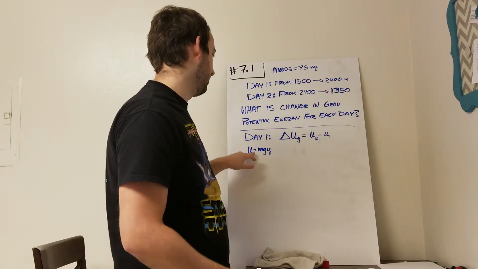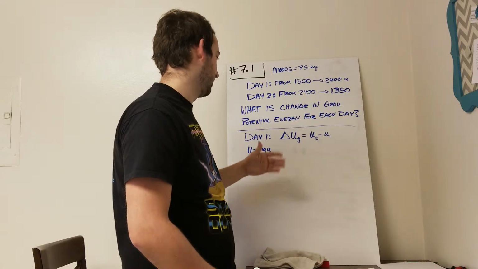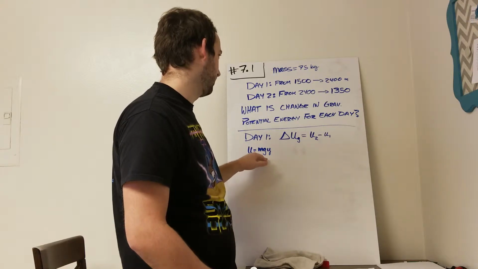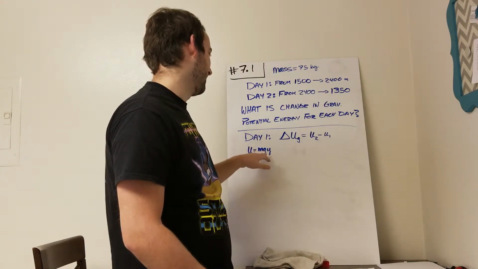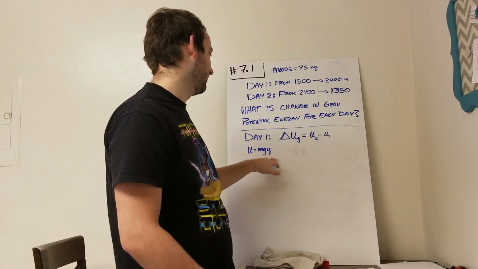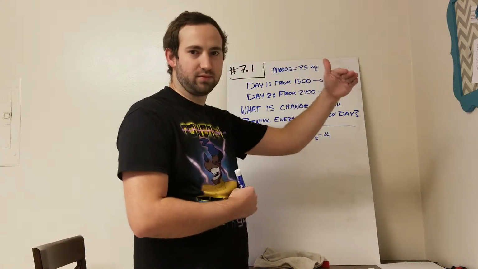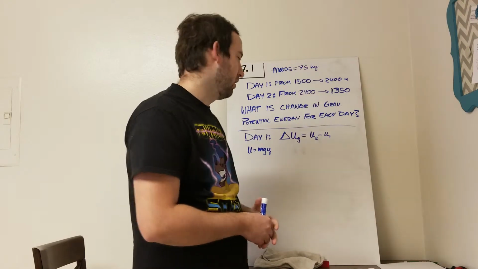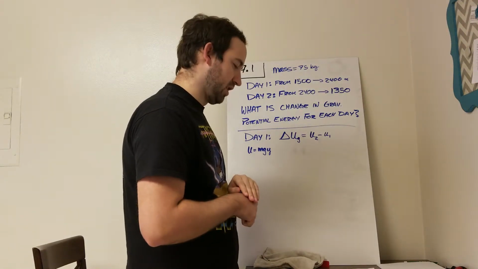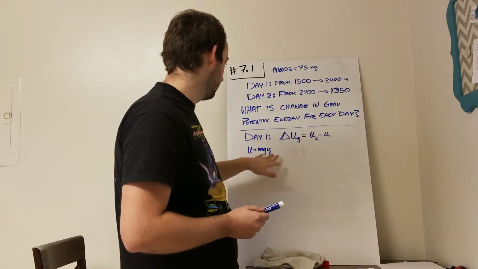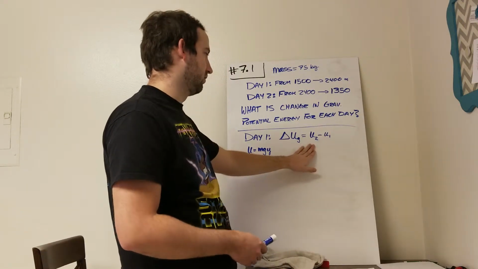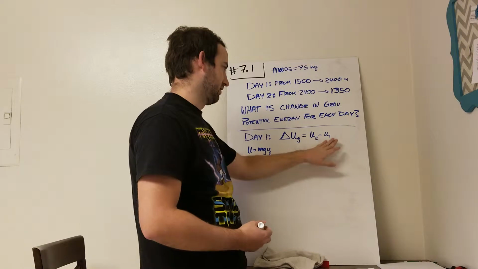And then we know that gravitational potential energy is mass times gravity times y, which is distance in the y-axis. So now that we have these equations, we can plug them in. So let's plug this into this main equation.